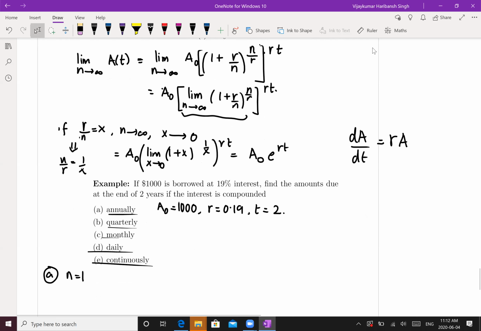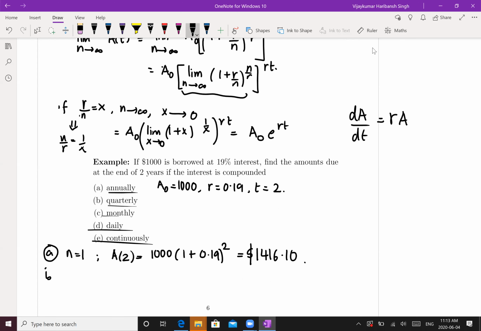So the amount at the end of it, A of 2, is 1000 times (1 plus 0.19) to the power n times 2. So this is going to be roughly $1416.10.